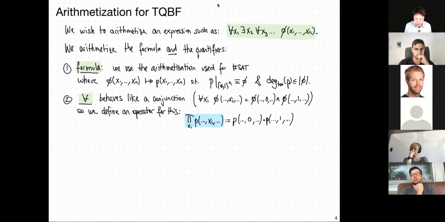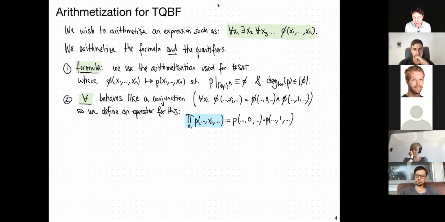So we can just define this operator, product over xi, which is going to replace for all xi, and that's just syntactic sugar for this arithmetic expression of the polynomial. When we write product over xi of P of xi, of course, there are other variables that are not being affected here.